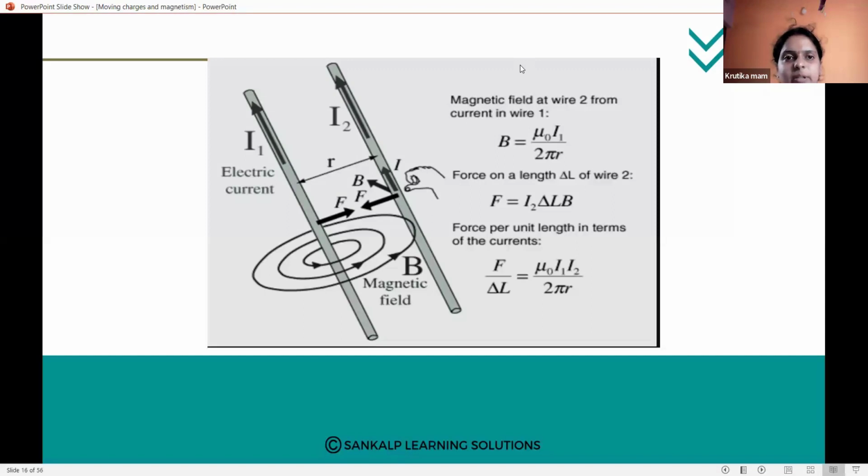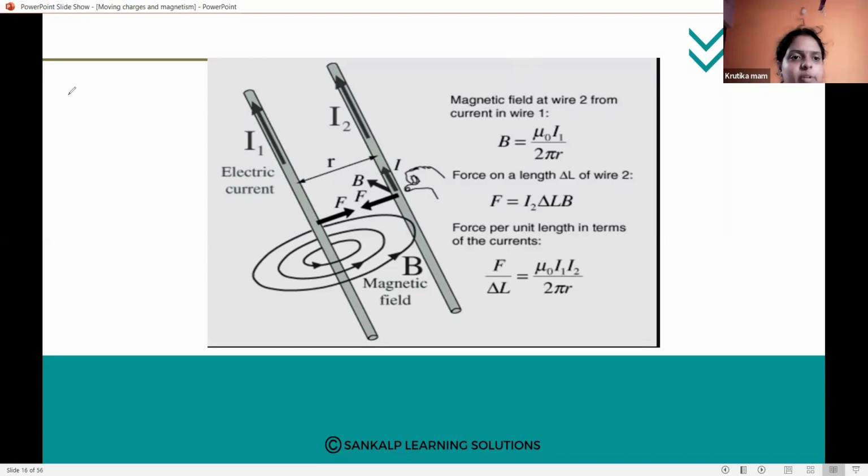Charges move, so there will be a current flowing through them, and when there is current, there will be a magnetic field. Due to the I1 current there will be a magnetic field at the neighboring conductor, and due to I2 there will be a magnetic field at the I1 conductor. Okay, so let us see how to do the derivation.